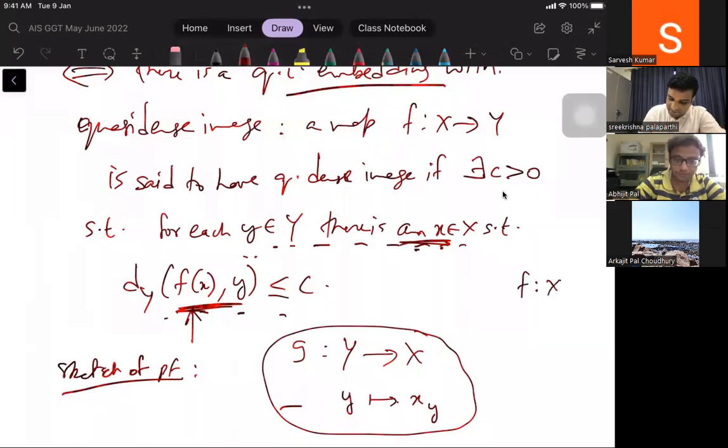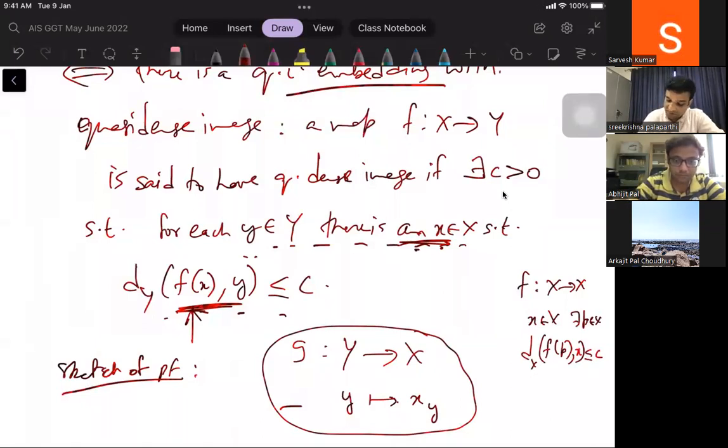For any x in X there is some p such that f(p) and x will be at most at a distance c.